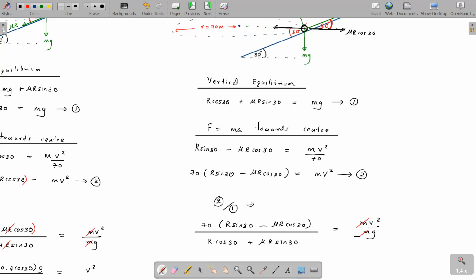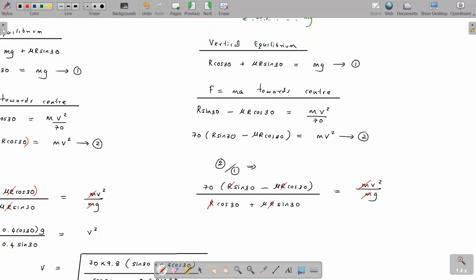So m cancels out, and over here, as I told you, you can factorize an R outside from the numerator and an R outside from the denominator, which means the R will cancel out because R is a common term for numerator and denominator. So basically, you would get here 70. I'll take the g to the other side. 70 g times sine 30 minus mu, which is 0.4, cos 30.